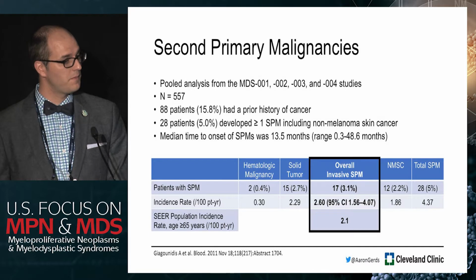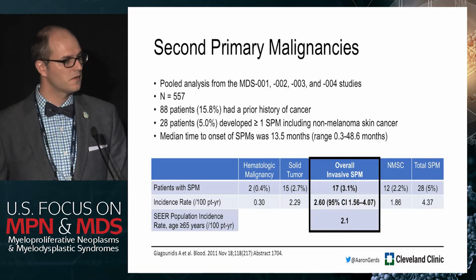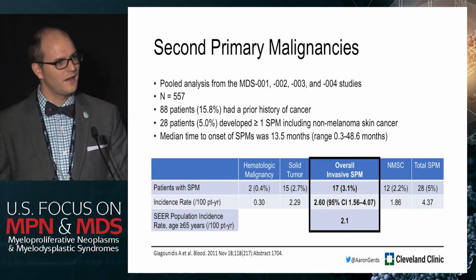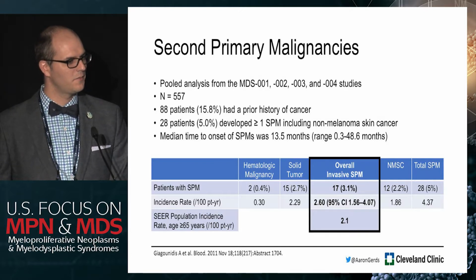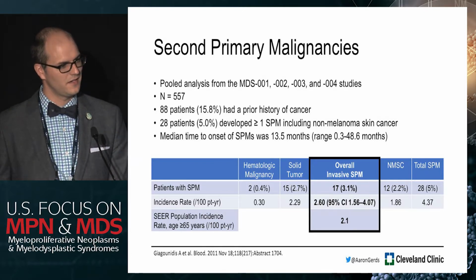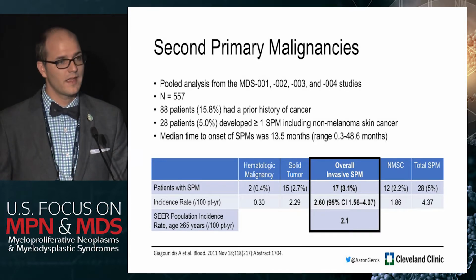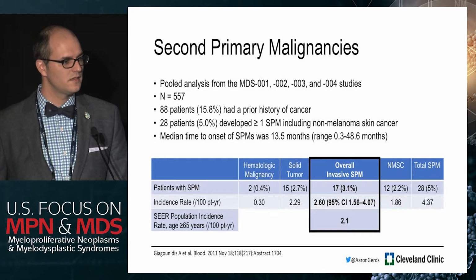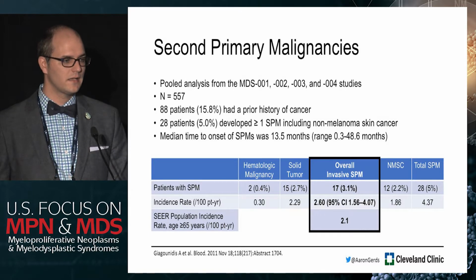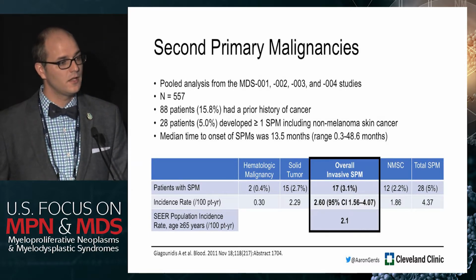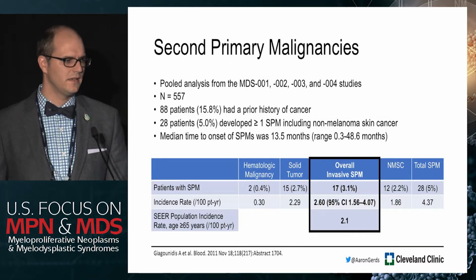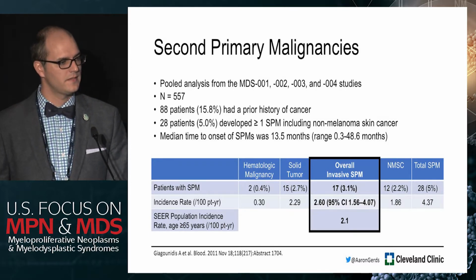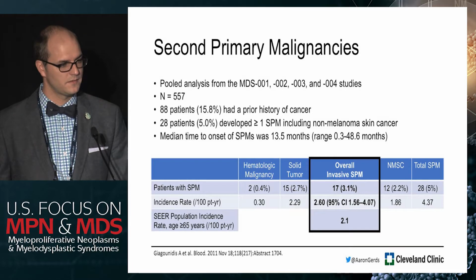Interestingly, 15% of patients had a prior history of cancer, so you wonder what type of other CHIP or clonal abnormalities they had elsewhere in their body prior to enrolling on these studies and getting lenalidomide. 28 patients over the duration of these studies developed at least one second primary malignancy, including non-melanoma skin cancers.